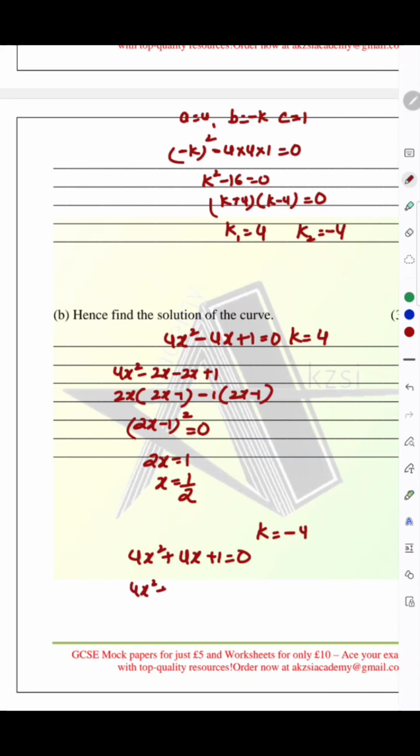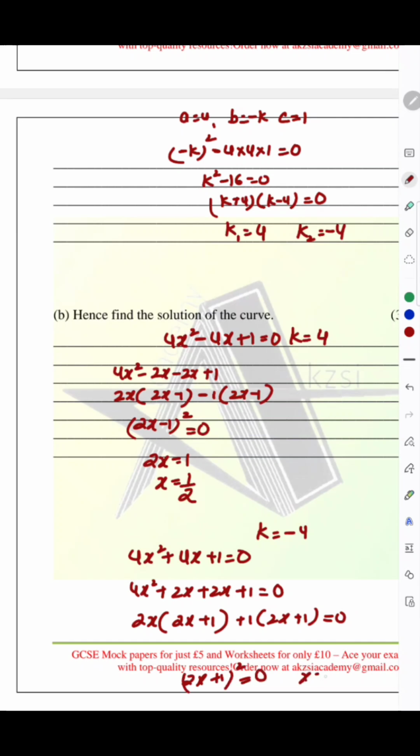So 4x squared plus 2x plus 2x plus 1 equals 0. Taking out 2x as common, so 2x plus 1, and here also 2x plus 1. Again, we'll get 2x plus 1 whole squared, and x is negative half. So x1, x2 are negative half.